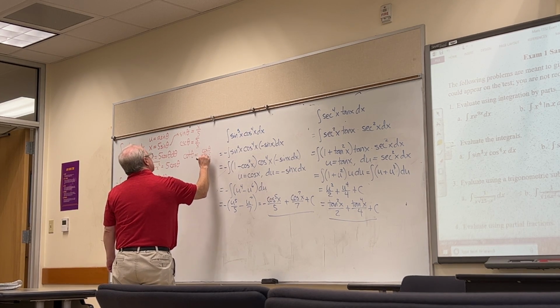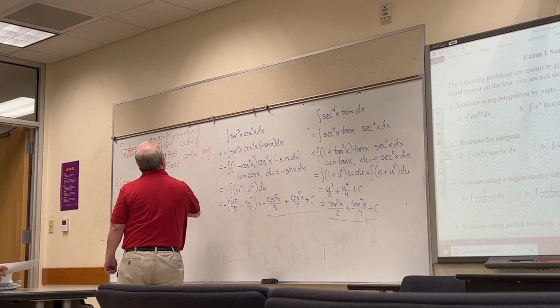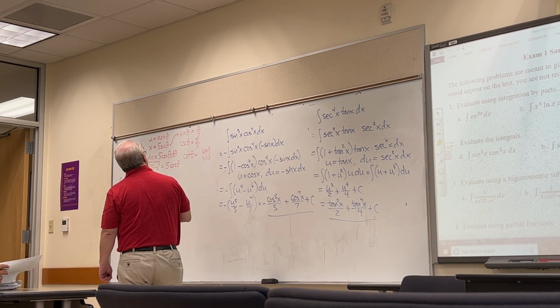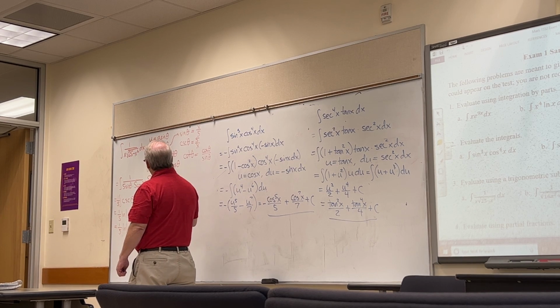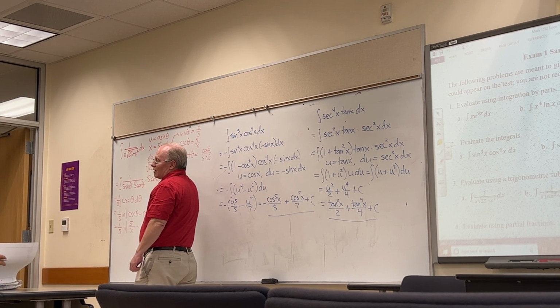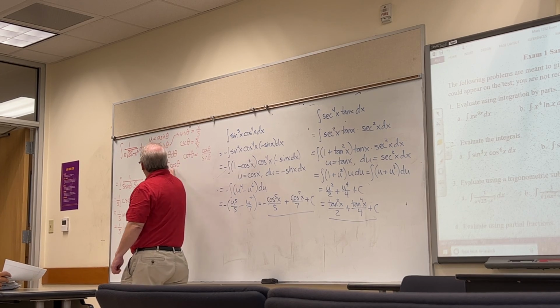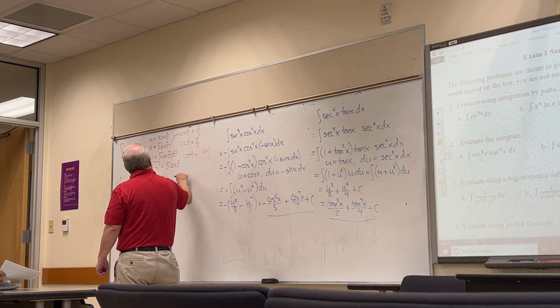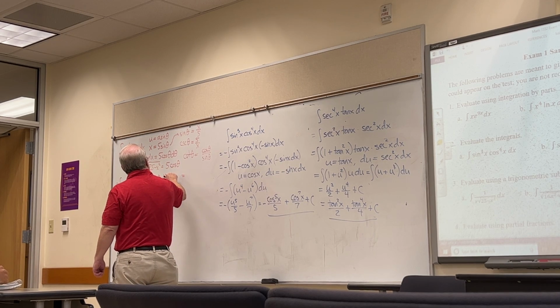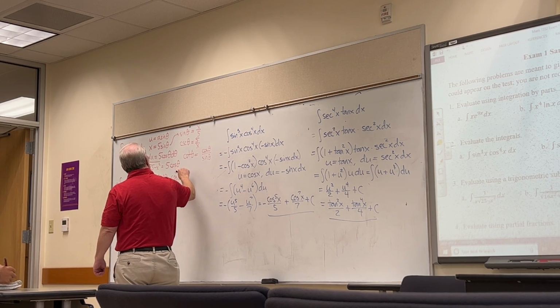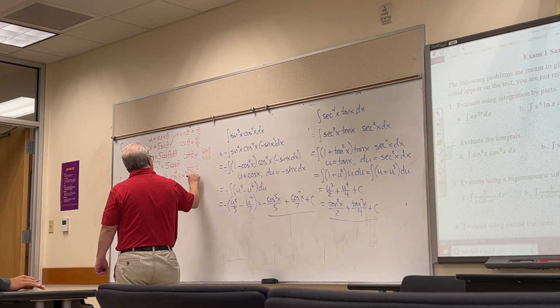Now, of course, we have sine of theta, but what's cosine of theta going to be equal to? Well, it's not just 5. We can actually use this to get cosine of theta. Right, cosine of theta will be equal to square root of 25 minus x squared over 5.